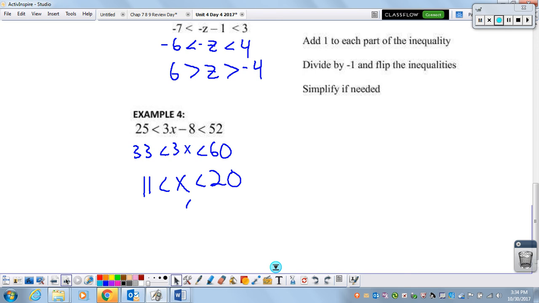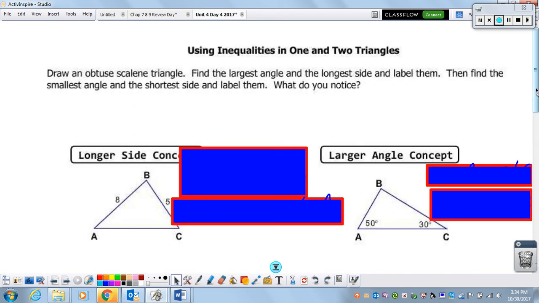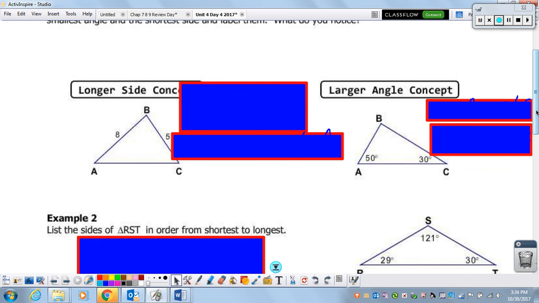So I bet you're wondering how this applies to triangles. I'm glad you asked. There's two concepts we need to talk about, the longer side concept and the larger angle concept. The longer side concept simply states that the longest side of a triangle is across from the biggest angle.